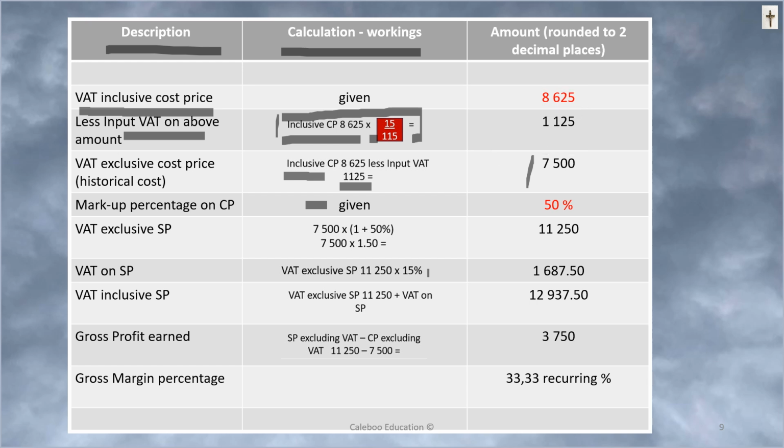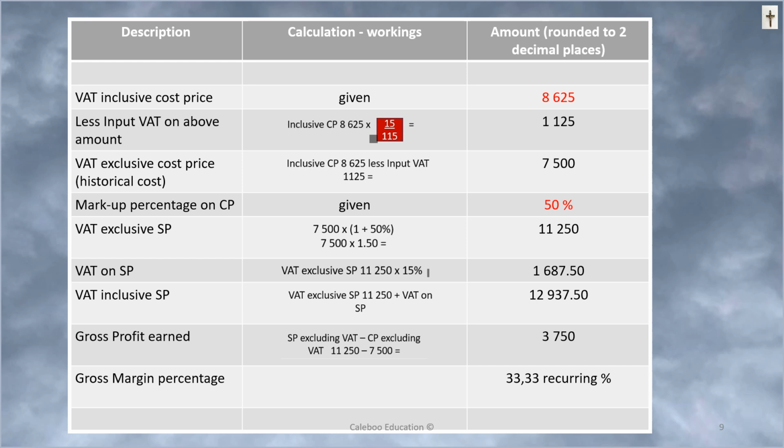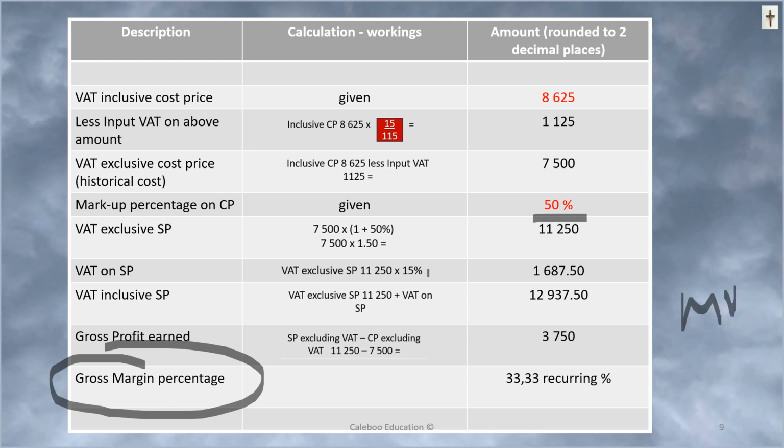It can be on cost price or it can be on selling price. And they gave us this 50%. Now they're saying, what is the markup on the selling price as a percentage?